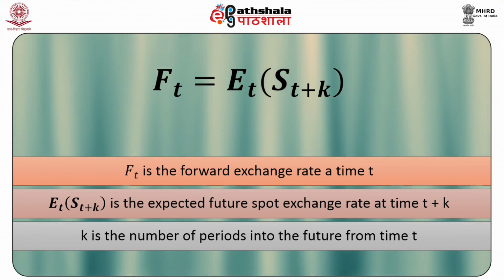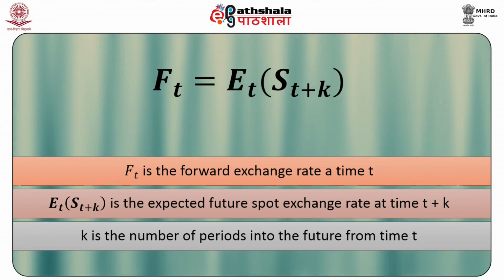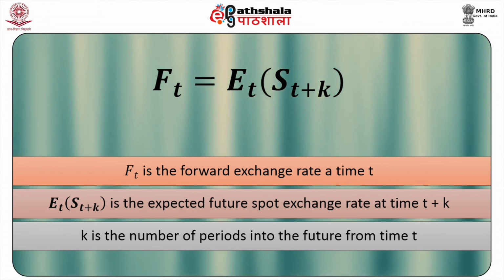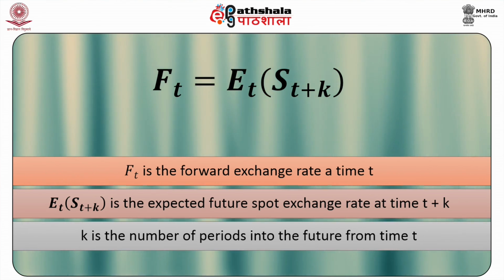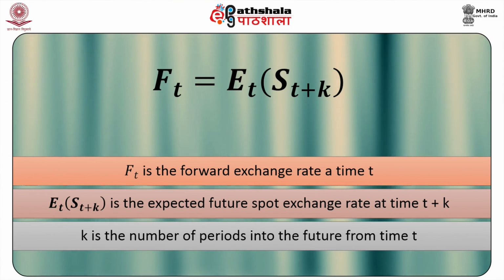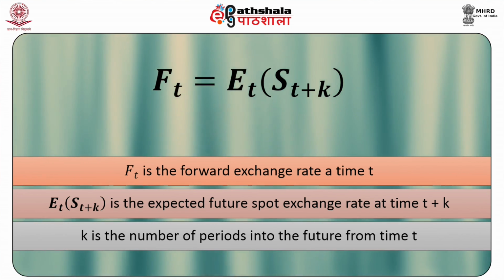Et into St plus k is the expected future spot exchange rate at time t plus k. Here k is the number of periods into the future from time t.